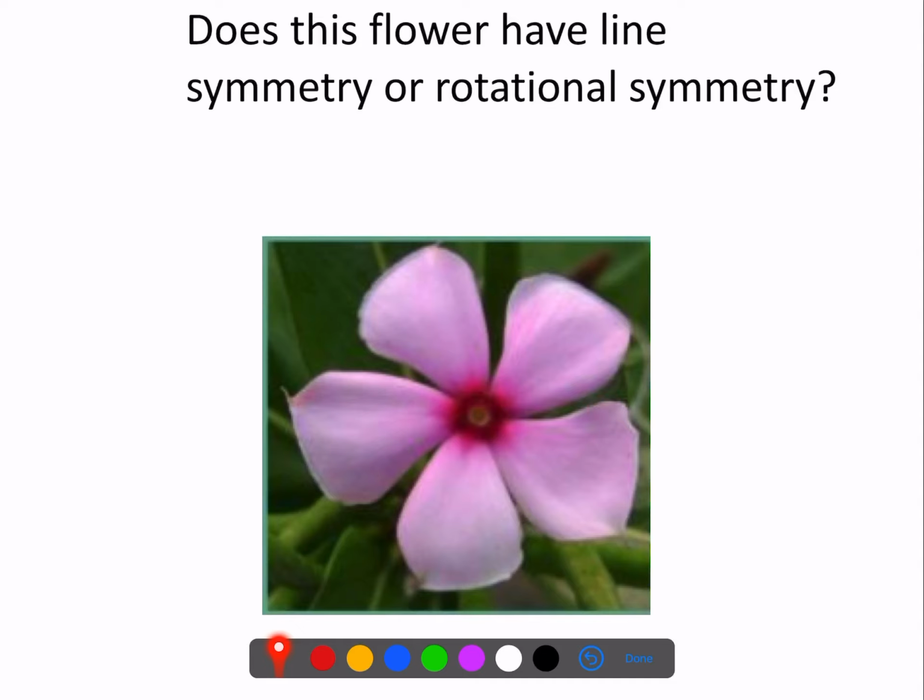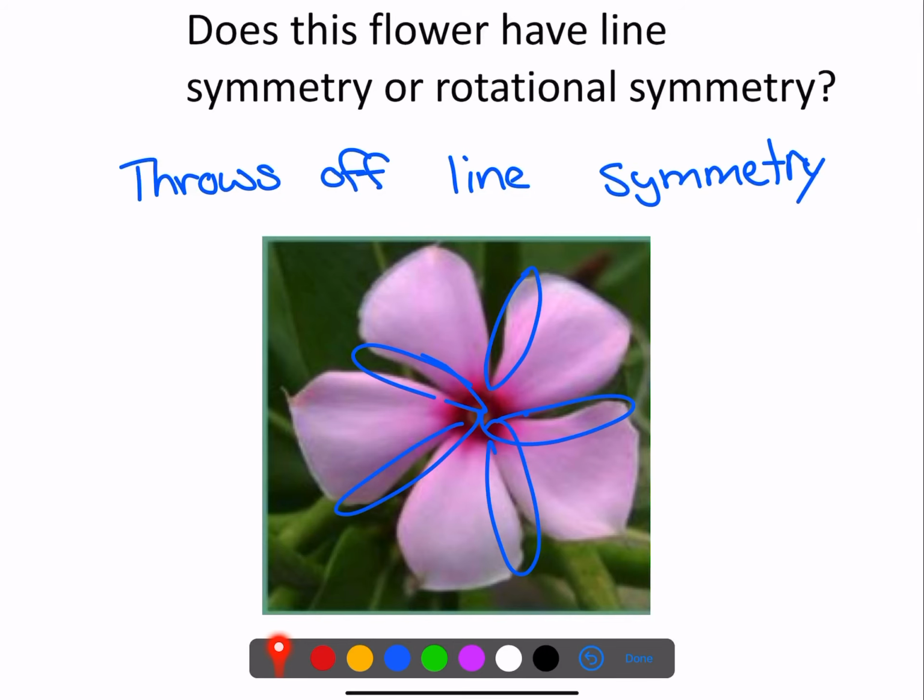So if I were to fold this over a line, it would not map perfectly onto itself, because it's not the same curve on either end. So in fact, these do not have lines of symmetry because these little curves are throwing it all off.